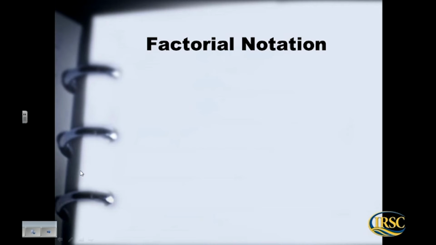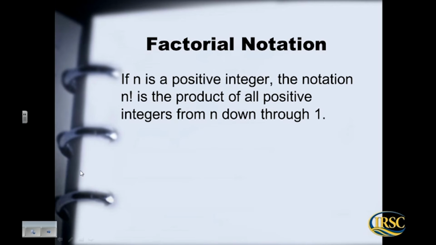When you start with the highest number and you go down to the next consecutive integer to multiply, it's called factorial notation. If n is a positive integer, the notation is n with an exclamation mark. So if you have an exclamation mark after your number, that's a shorthand way of saying, multiply that number along with all of the next consecutive numbers going down to 1.